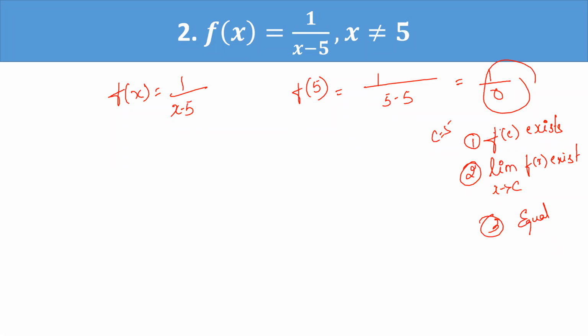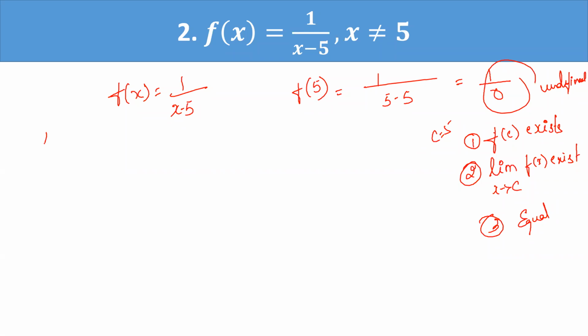So if you take c equal to 5, the first condition itself fails because it is an undefined value, which means f of c does not exist if c is equal to 5. So clearly the function is not continuous at x equal to 5.